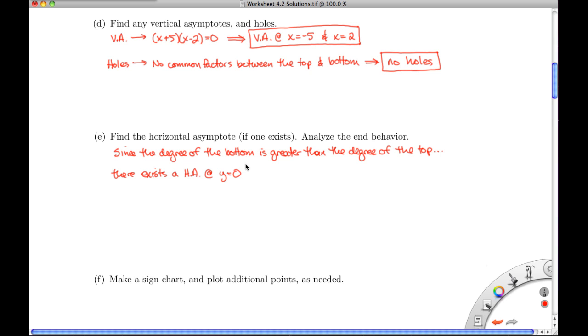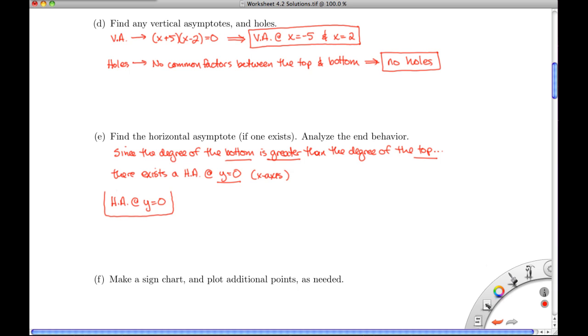So in the last worksheet, we had cases where the degrees were equal, and we took the ratio of lead coefficients. When the degree of the bottom is greater than the degree of the top, then we always have a horizontal asymptote at y = 0, which is essentially the x-axis. It's that horizontal line. So we can conclude here that we've got a horizontal asymptote at the line y = 0.